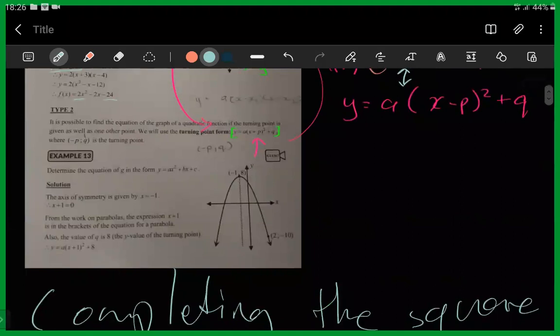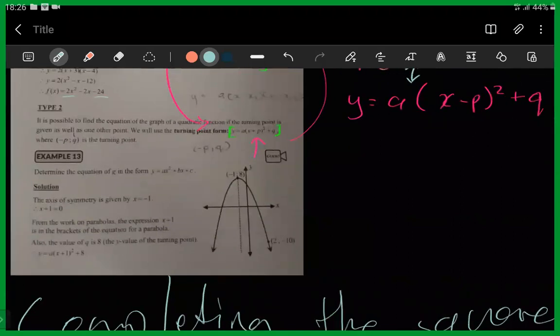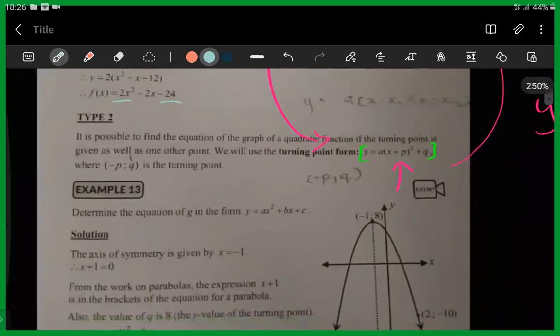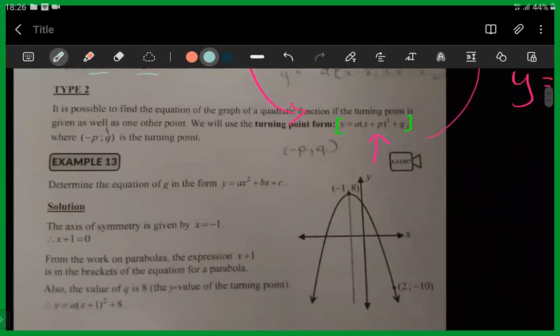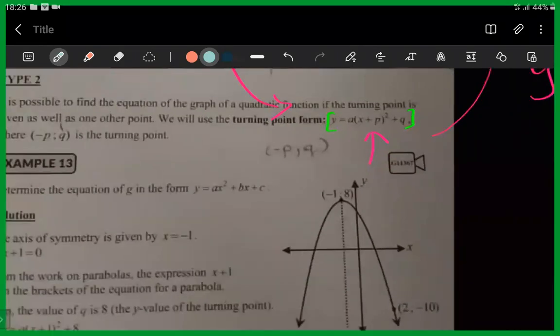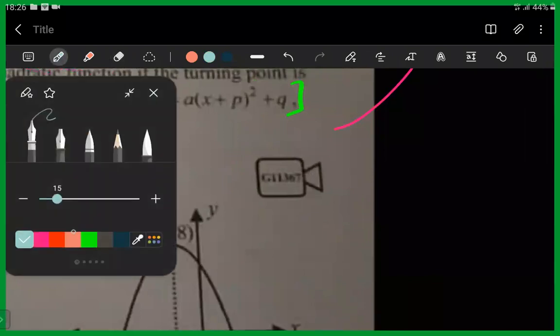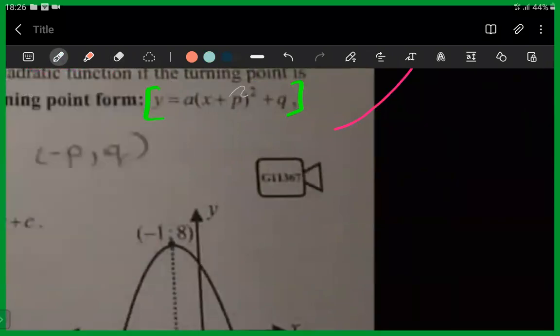So if you're going to use type 2, meaning they need you to put the equation into this format, usually they would have at least given you the turning point of the graph and also at least one other point, because remember, P and Q represent the X value of the turning point and the Y value of the turning point also.